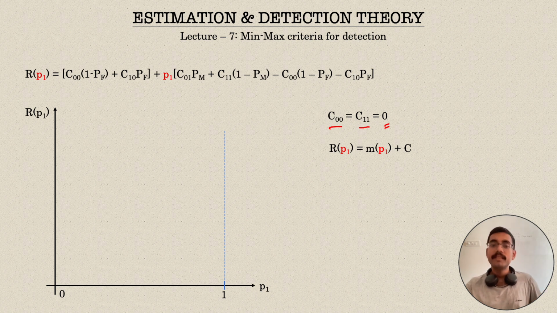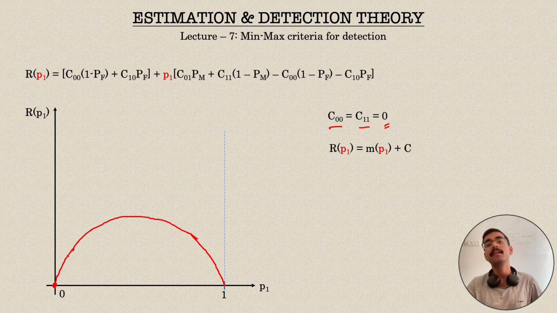So in this particular case, if both C00 and C11 are equal to 0, then the curve which was like this initially would become like this. It has been shown that it is always a concave down curve. So it will be somewhat like this. This is the optimal detector.